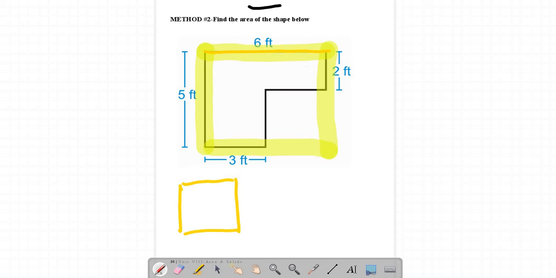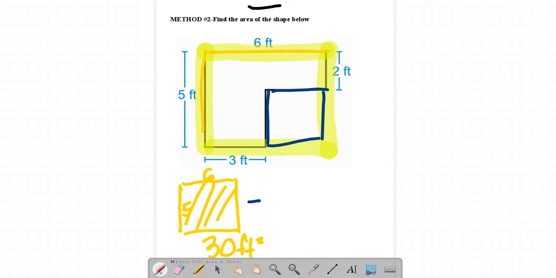And you see this one is 6 times 5, 30 feet squared. And this time, we're going to use negative space. We're going to subtract that.